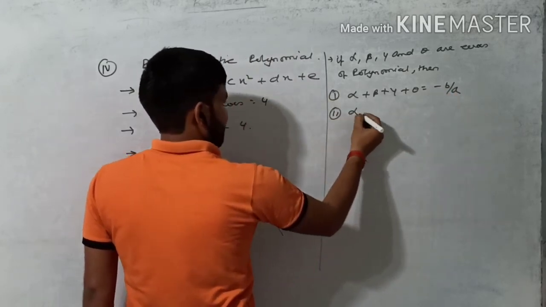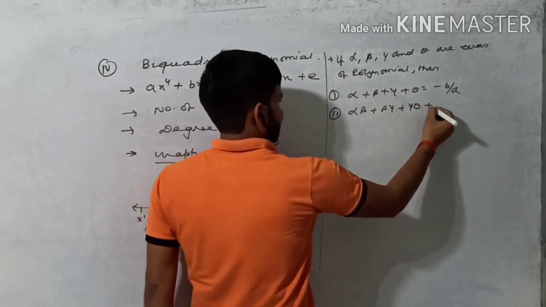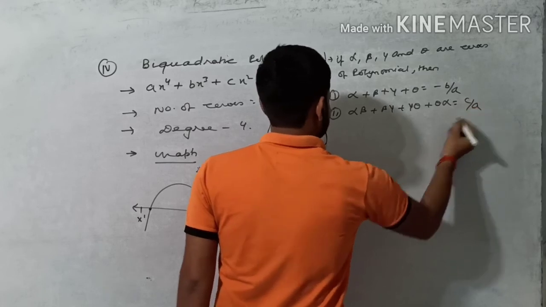Second is alpha beta, beta gamma, gamma theta plus theta alpha equals c by a.